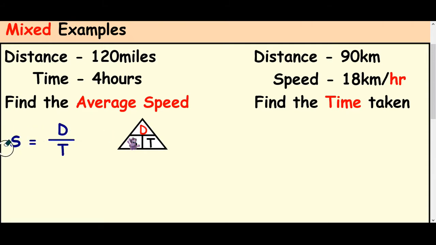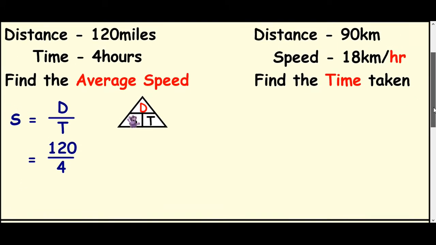So speed equals distance over time. Your distance is 120, and your time's 4 hours, so 120 divided by 4. The answer here is 30, but we need to work out 30 what. The units here give miles per hour. So it'll be 30 miles per hour.